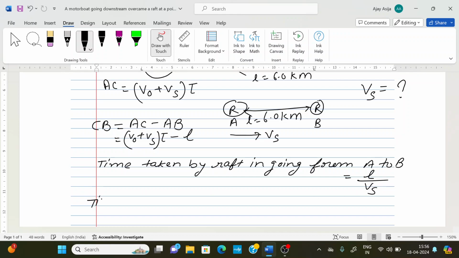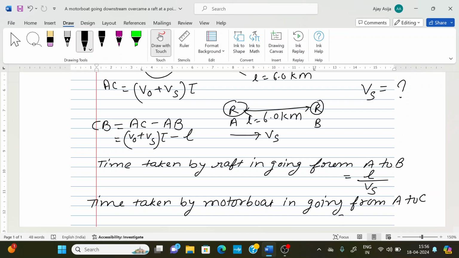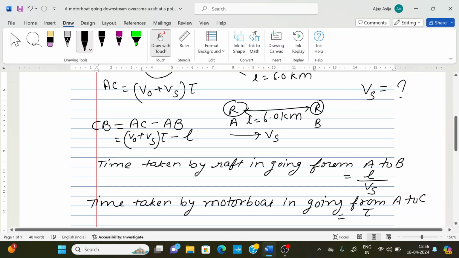Now the time taken by the motorboat in going from A to C will be simply tau.